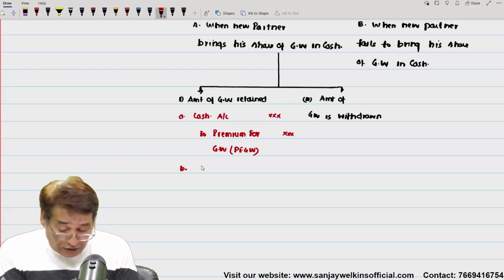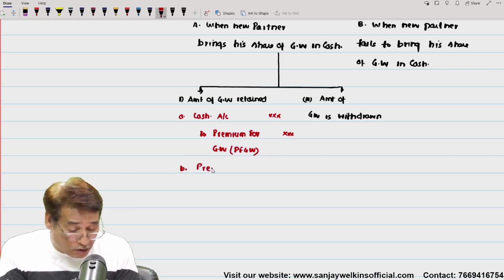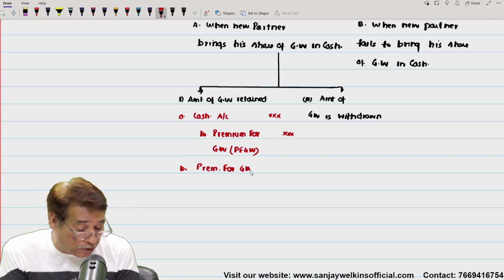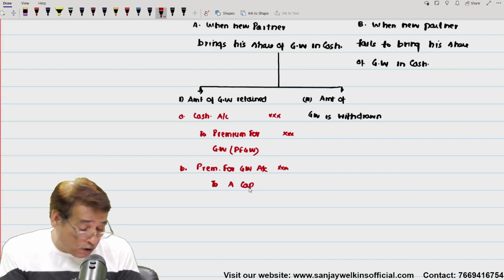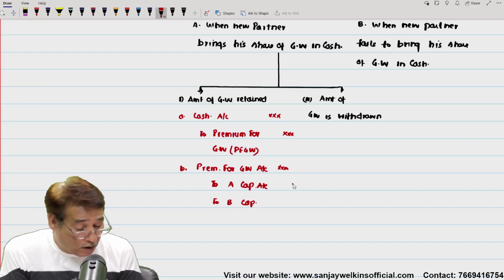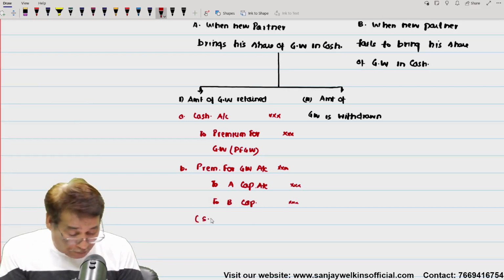So the next entry is premium for goodwill account debit to A's capital account and B's capital account, credited in sacrificing ratio.